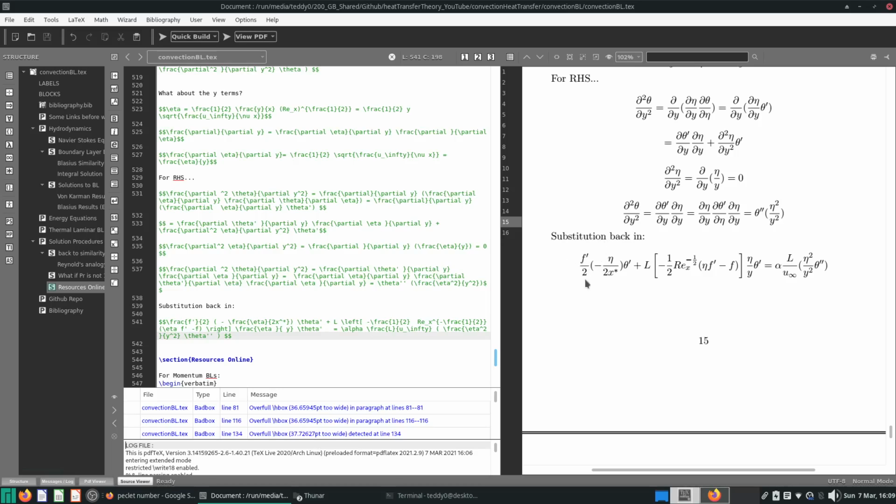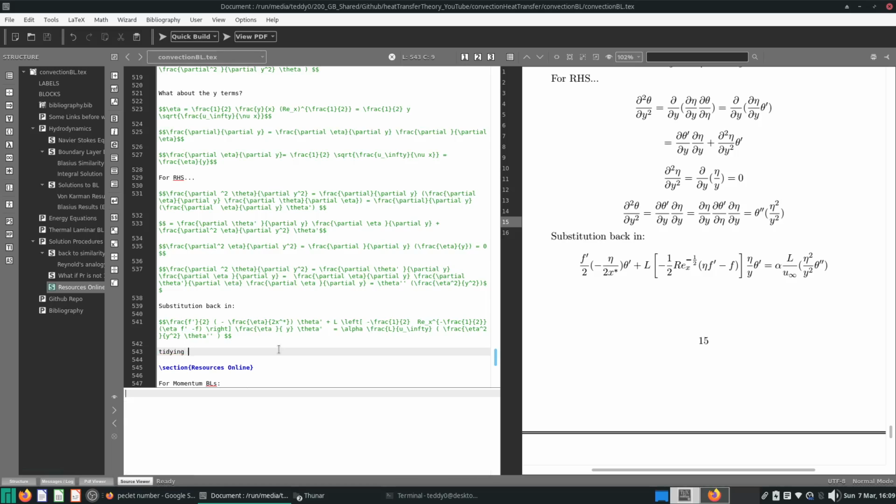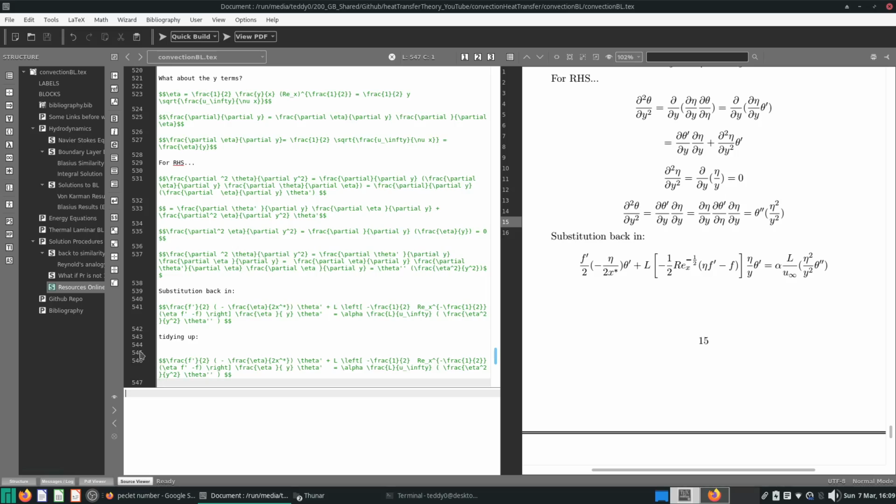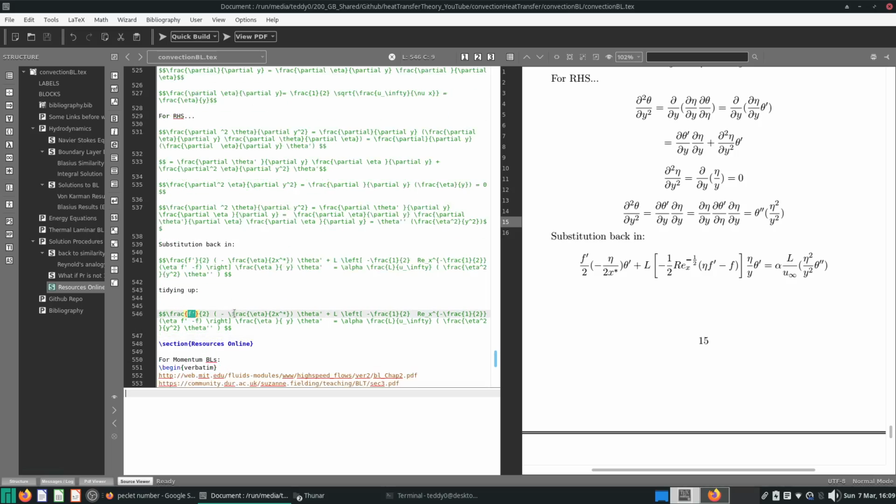Let's start tidying up the left hand side, and hopefully I haven't made careless mistakes, but I kind of expect myself to anyhow. Oops, yeah. Tidying up, we will have f prime to combine with the eta on top. 2 and 2 make 4, 2 times 2, and that will be the coefficient of this theta prime term.